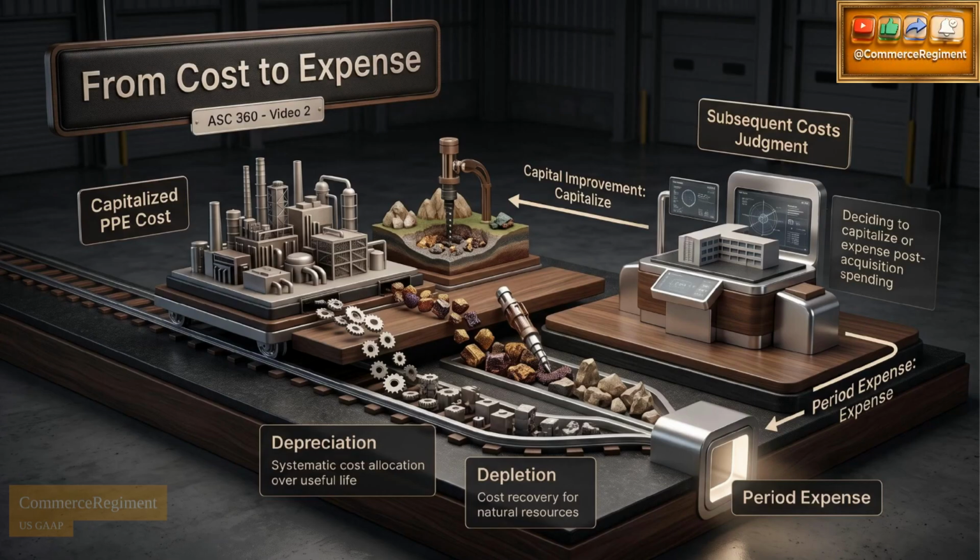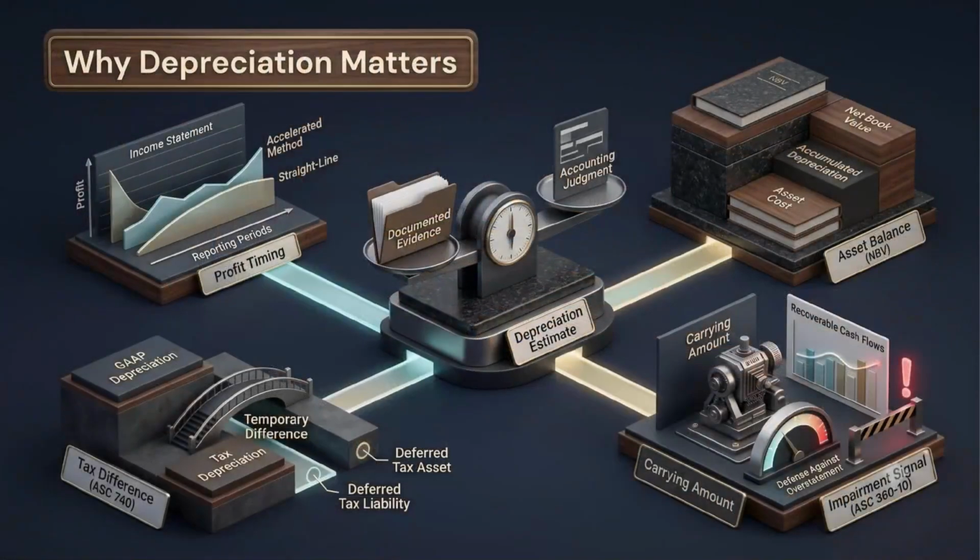First, the asset enters the register. Then, period by period, accounting asks how much of that cost has been consumed and whether any later cost has created a new future benefit. Depreciation matters because it is an estimate with long financial statement consequences.